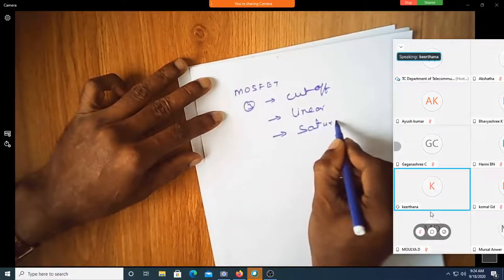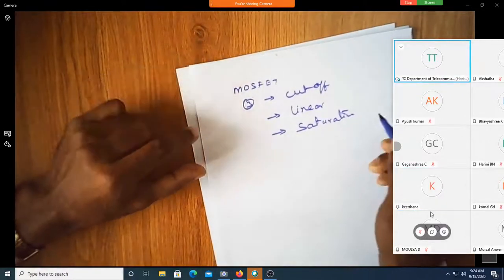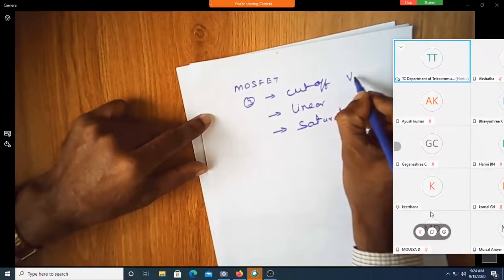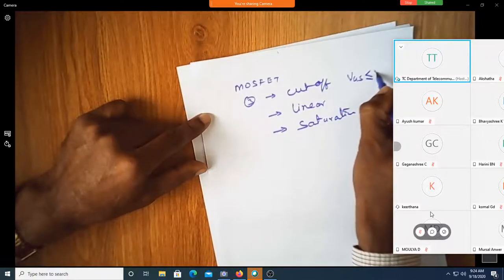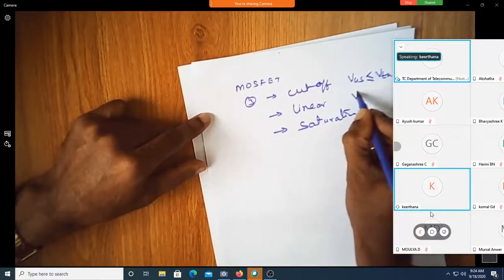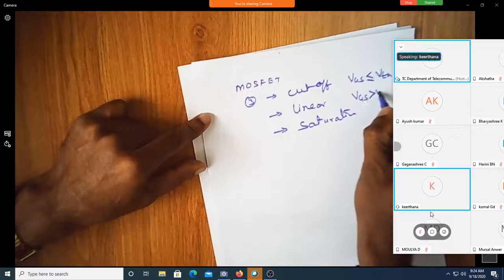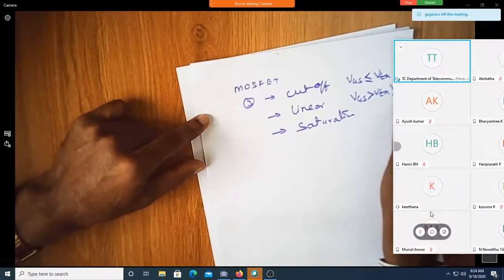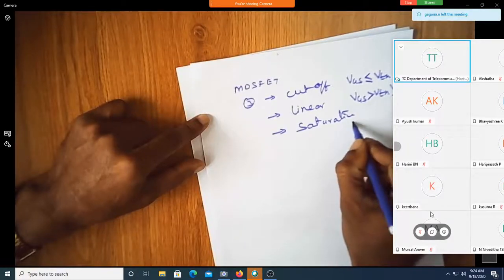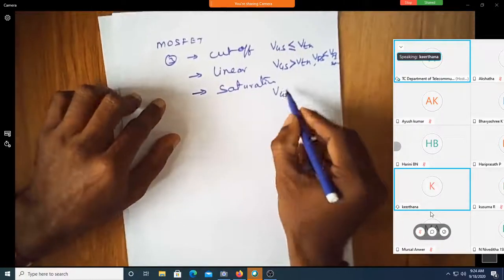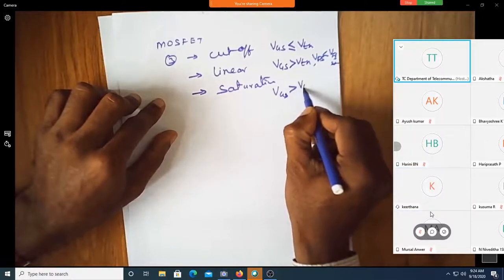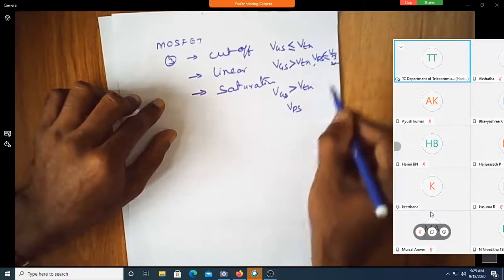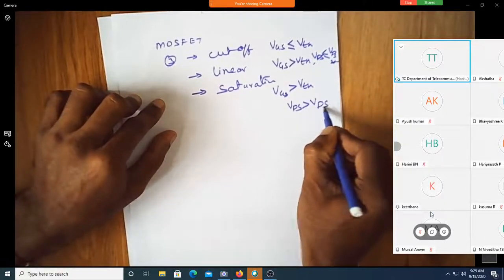So these are the different operations. In cutoff, VGS is less than or equal to VTH. In linear, VGS is greater than VTH, but VDS is less than VDS sat. In saturation, VGS is greater than VTH, and VDS is greater than VDS sat.